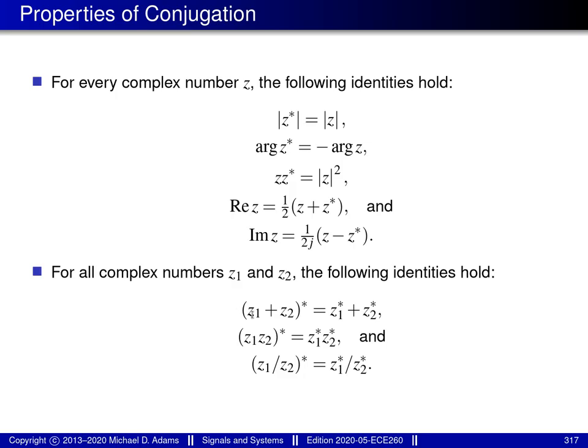The first property here says that the conjugate of the sum is the sum of the conjugates, the second property says the conjugate of the product is the product of the conjugates, and the last property is saying that the conjugate of a quotient is the quotient of the conjugates. Basically, these are just saying you can interchange these various operations with conjugation. And all the properties on this slide are quite important to know, because we use them frequently when we're manipulating expressions that involve conjugation.